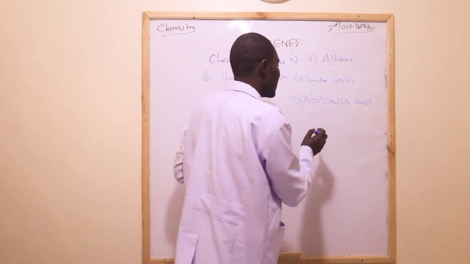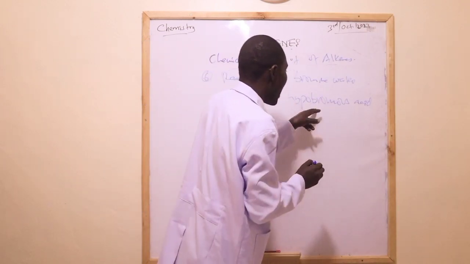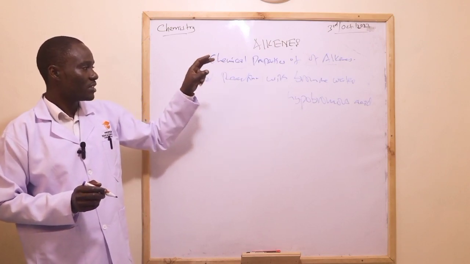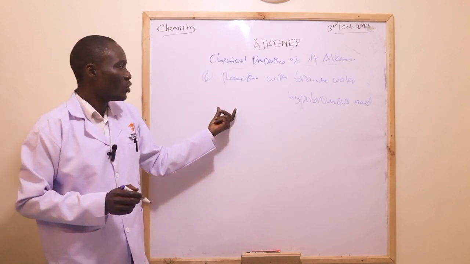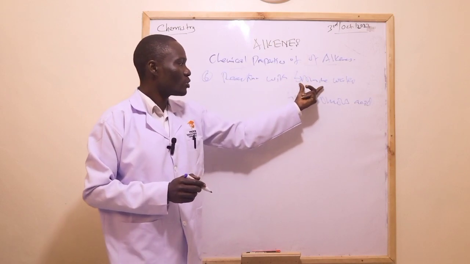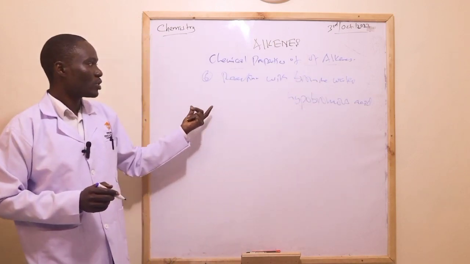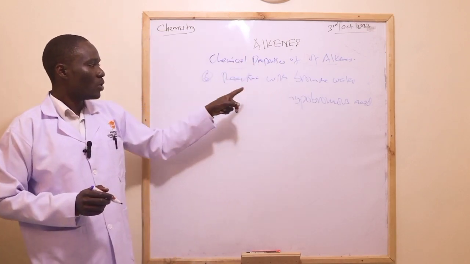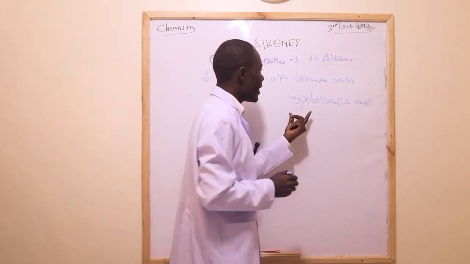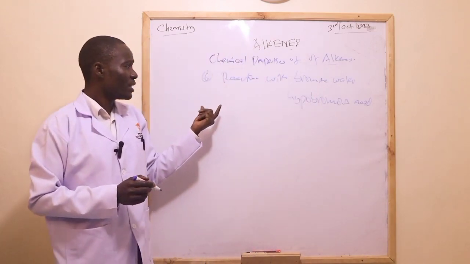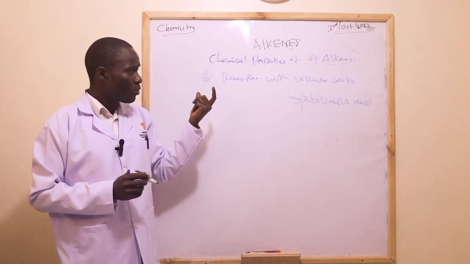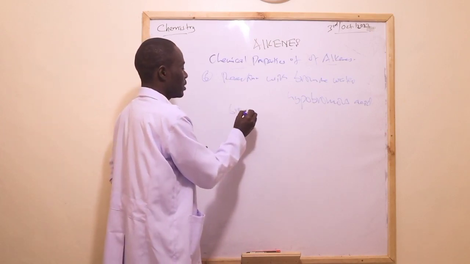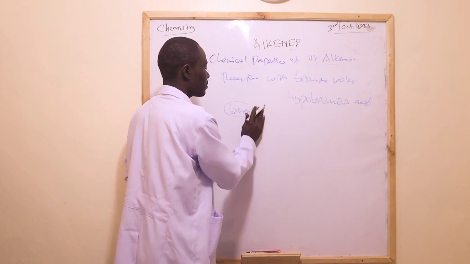So in this case, this hypobromous acid is responsible for the change of the color should we add bromine water to the members of these alkenes. Remember, the molecules of bromine gas are normally brown.